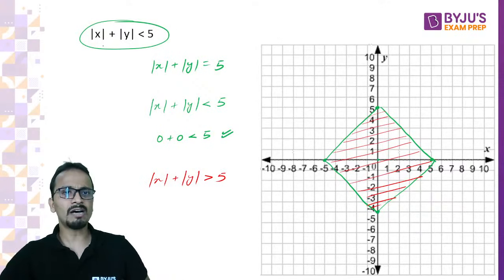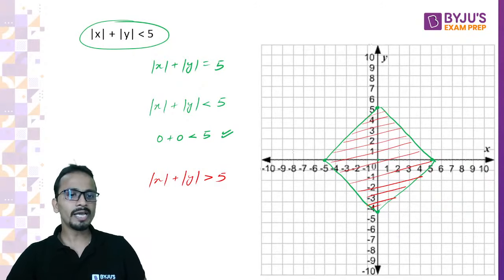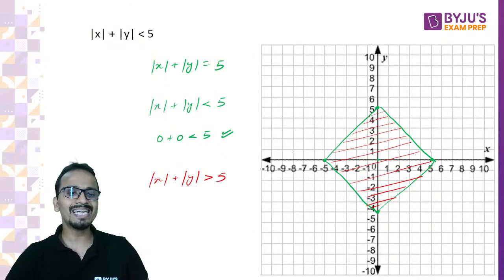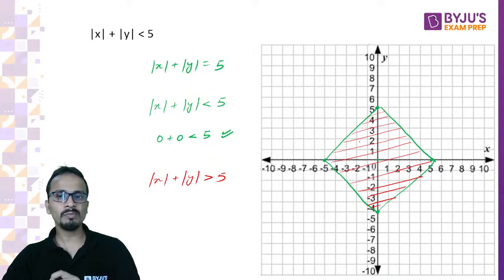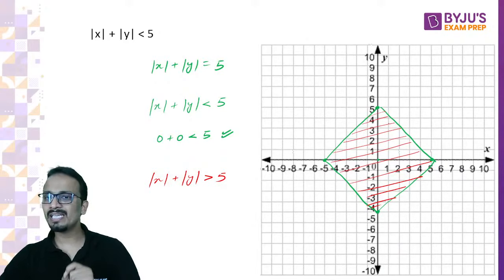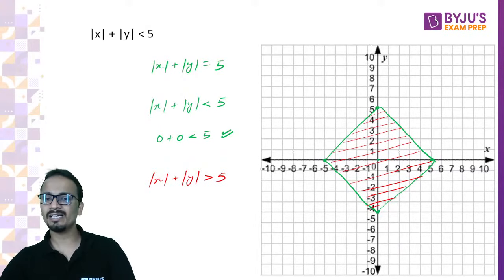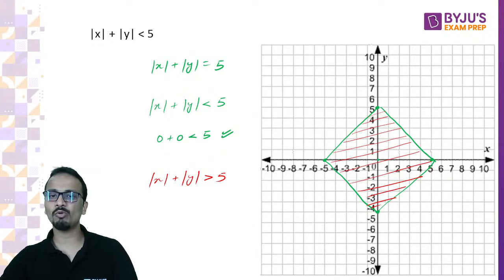Now in the previous graph, we had mod x plus mod y is less than 5. It was strictly less than 5. Okay. So the region which will be covered by mod x plus mod y less than 5 will be the region which is strictly lying inside this bounded region.